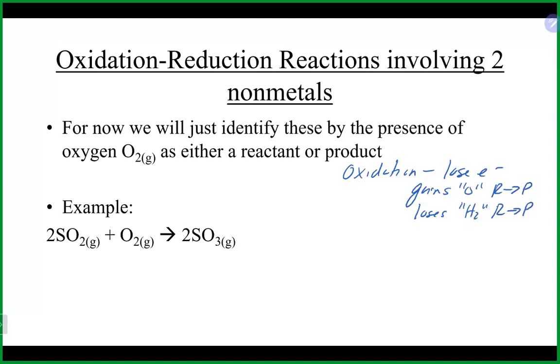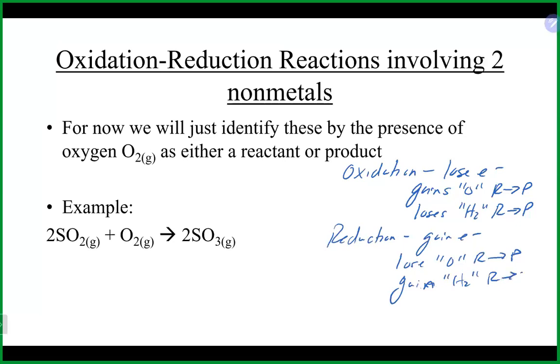Those are all three definitions of oxidation. Reduction is the gaining of electrons, the losing of oxygen from reactants to products, and the gaining of hydrogen from reactants to products.